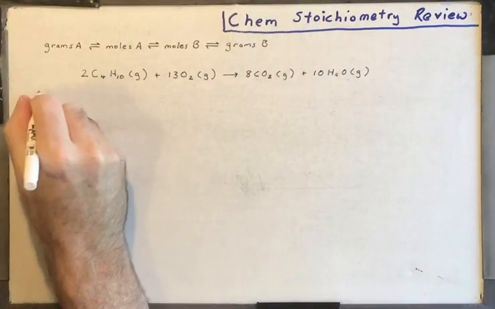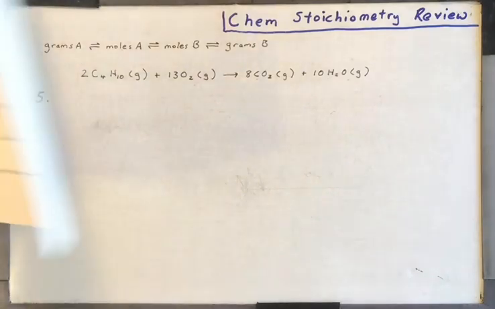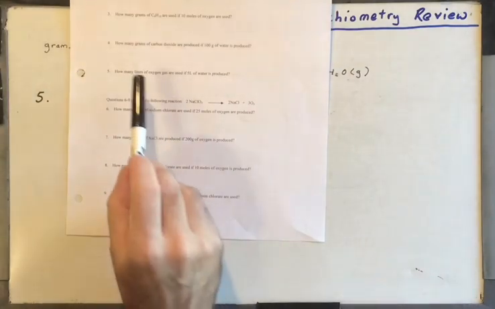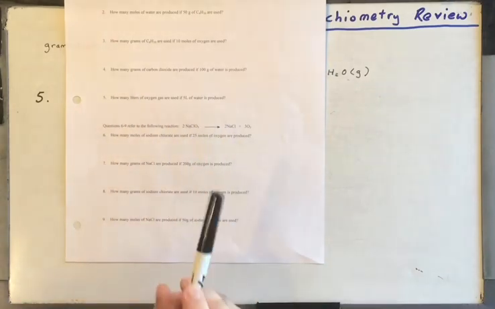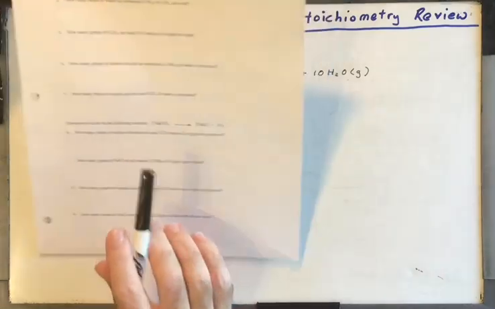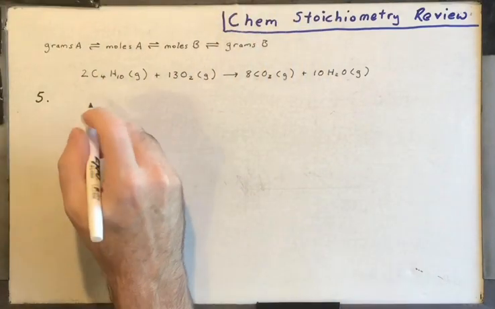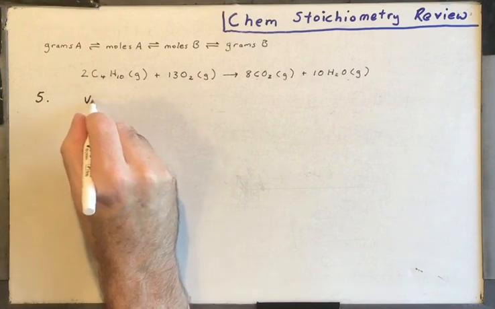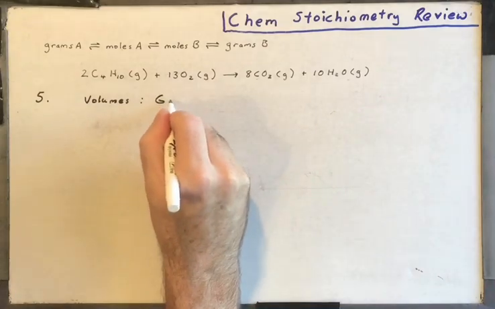Okay, number 5 says how many liters of oxygen gas are used if 5 liters of water is produced. Now, we're not talking about grams or moles here, we're talking about liters. And when we're talking about volumes, it's Gay-Lussac's law.